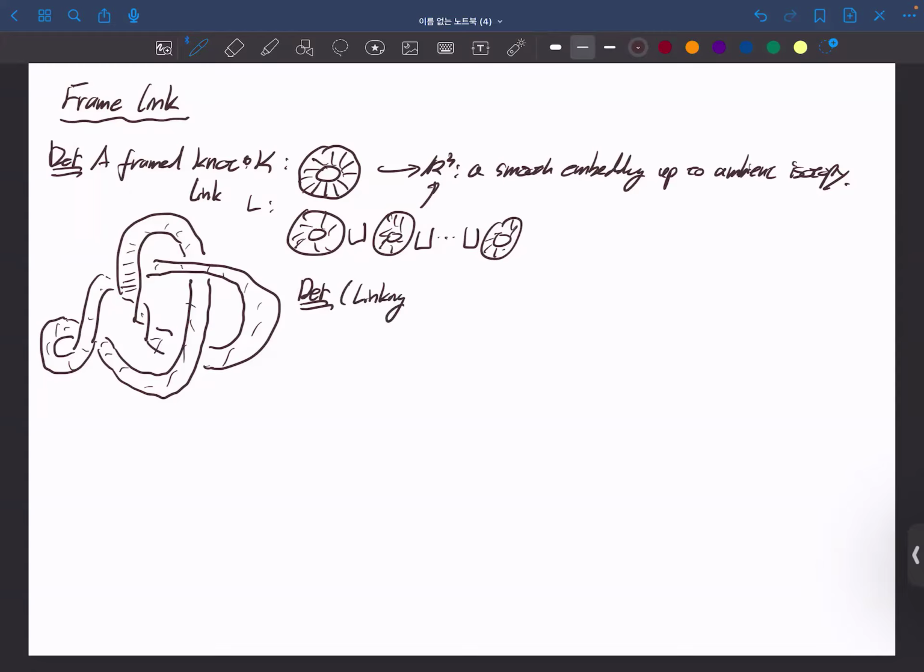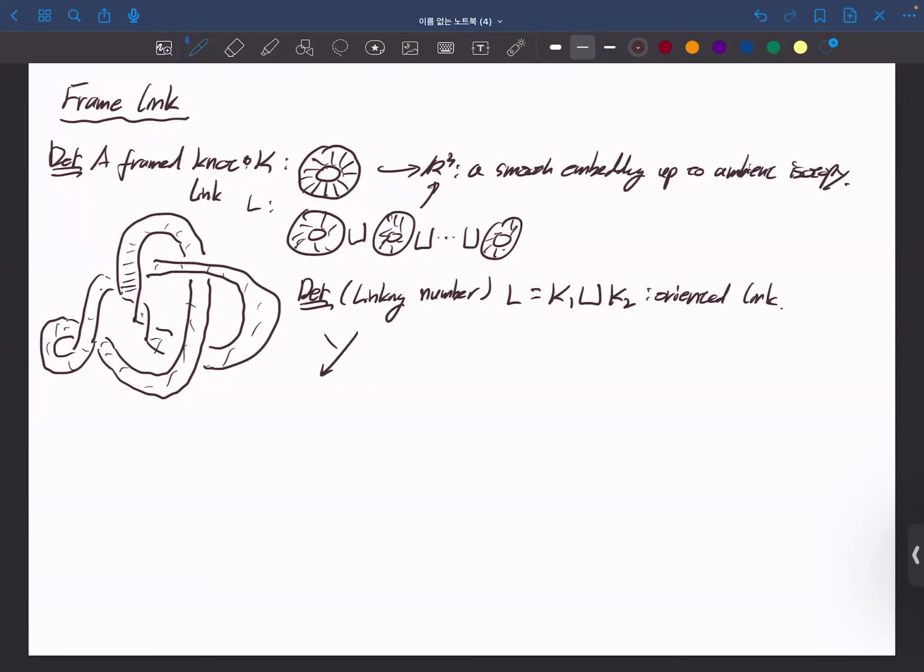For that, let me introduce a concept called the linking number. Let L be a two-component link, or precisely an oriented link.